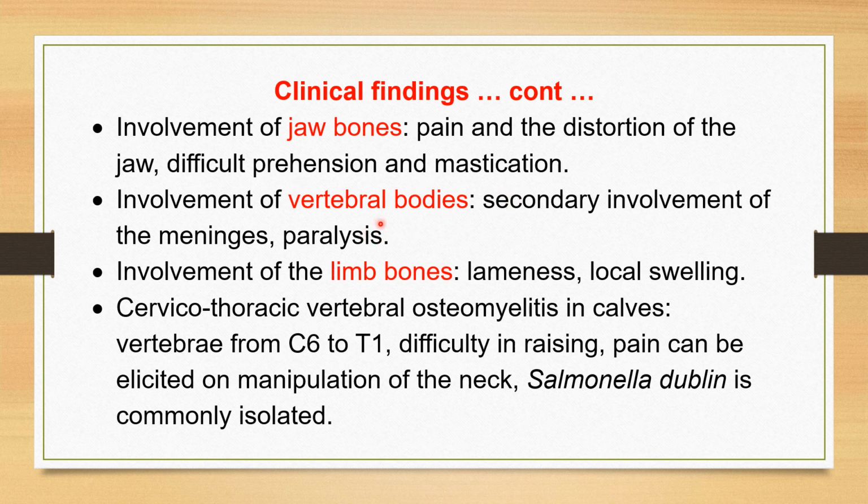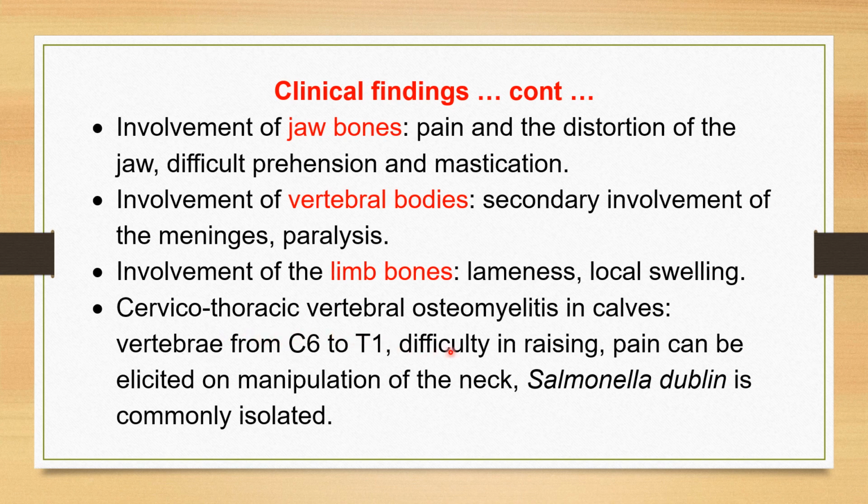If there is involvement of the vertebral bodies, there is secondary involvement of the meninges, and sometimes there is meningitis also, and the symptom is paralysis. If there is involvement of the limb bones, there is lameness and local swelling.